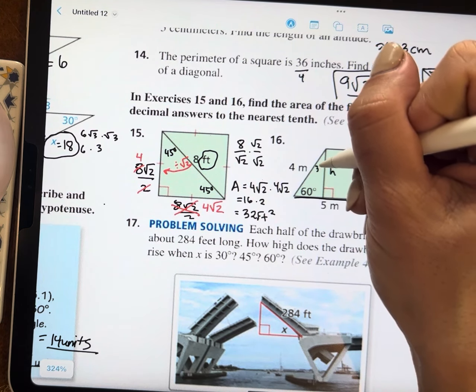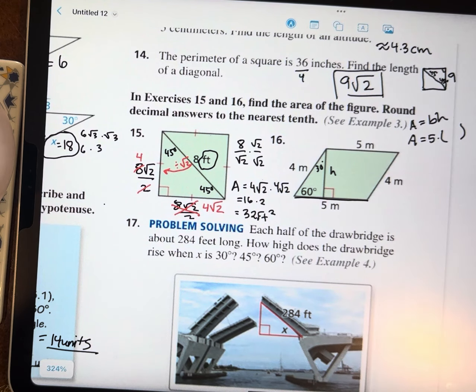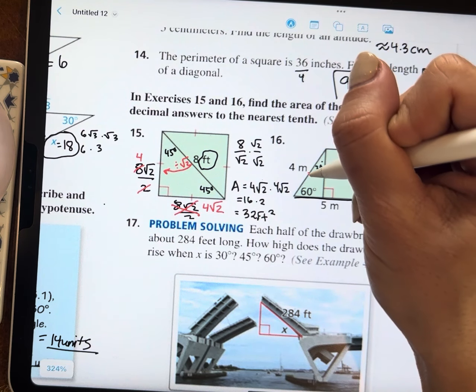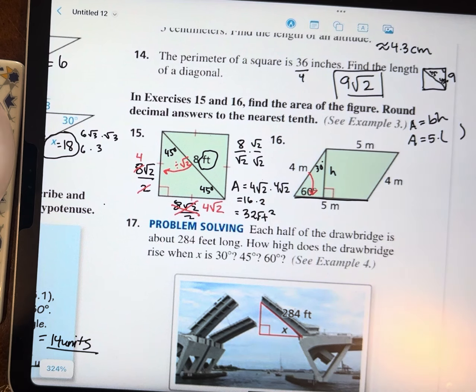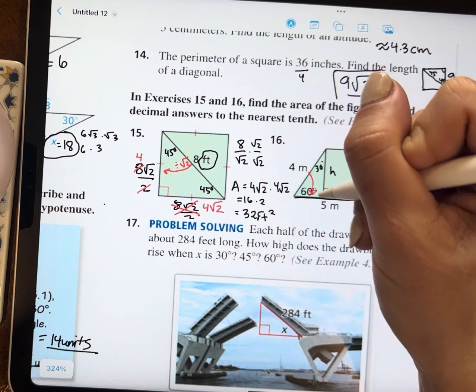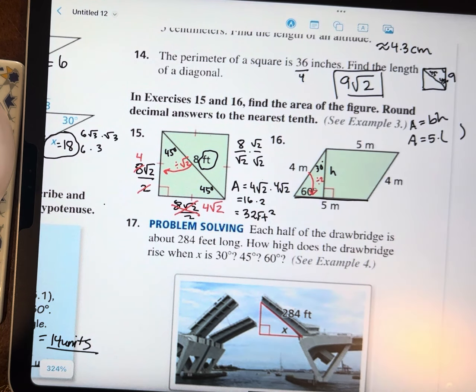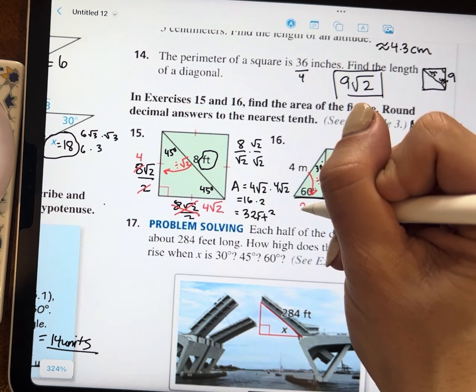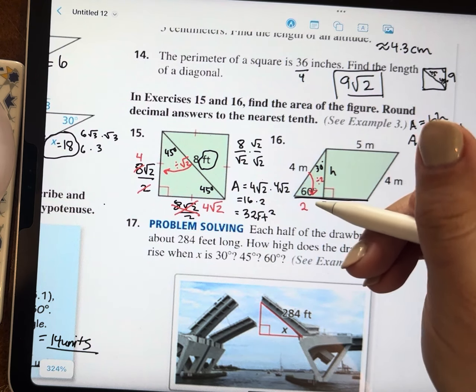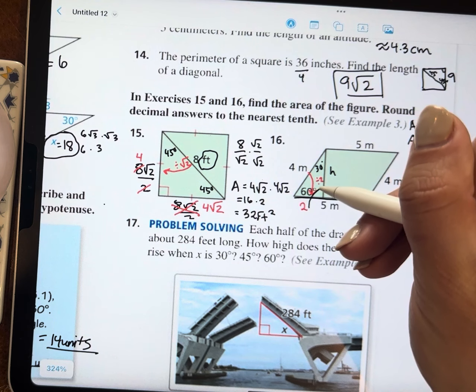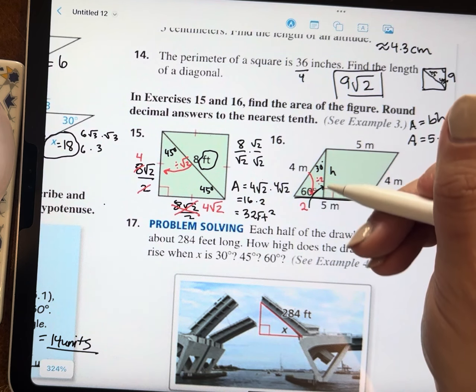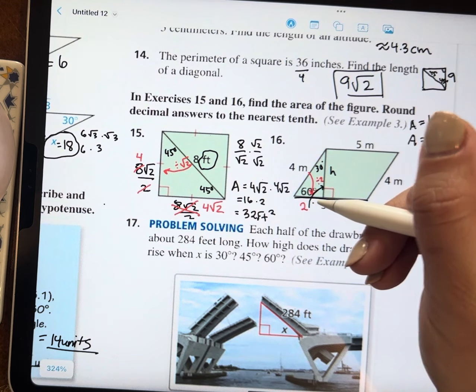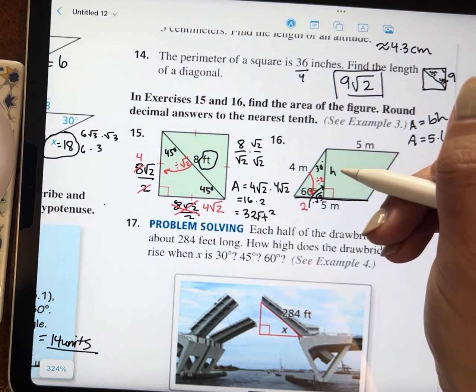This is a 30, 60, 90 triangle whose hypotenuse is 4, which means I've got to go backwards to figure out the short leg. From hypotenuse to short leg, I just divide by 2. So I get that the short leg is 2. And now that I know the short leg, I can go from the short leg to the long leg by multiplying by rad 3.